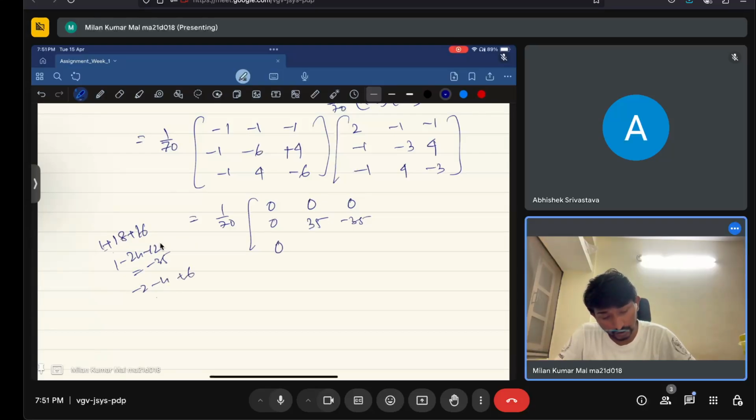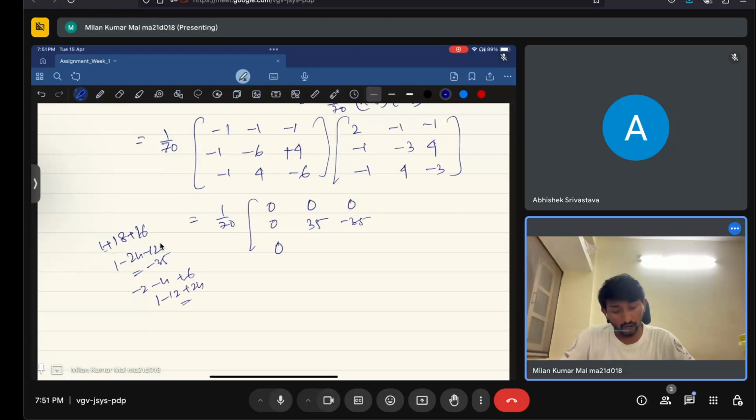Next one is 1 minus 12 minus 24, that is equal to minus 35. Next one is 1 plus 16 plus 18, that is again 35.